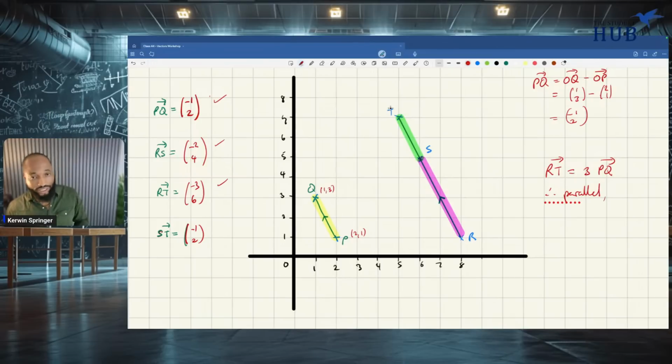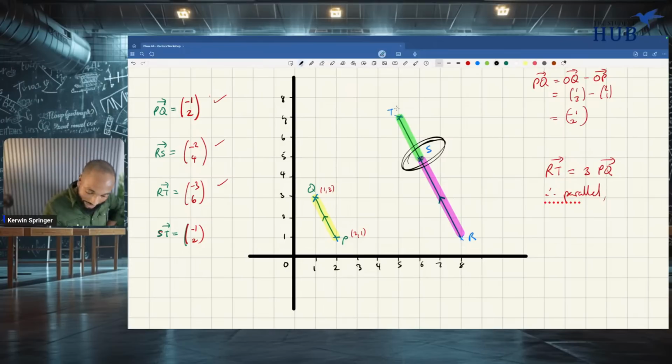Now, answer this question. Is RS collinear with ST? How do we know? The answer is yes. How do we know they lie on the same line? Because they have a common point.